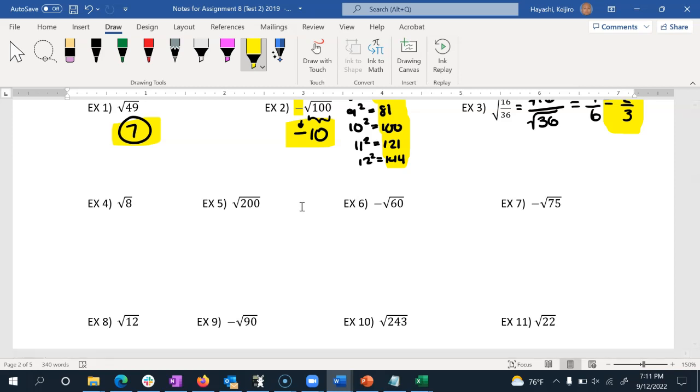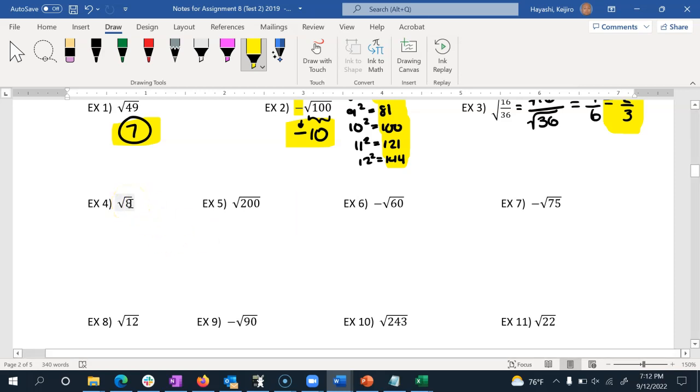The easiest way to deal with these is to try to break up these numbers into a square number and whatever else is going to be left if you take out a square number. You want to try to get a square number from inside of 8, from inside of 200, from inside of 60, and inside of 75.